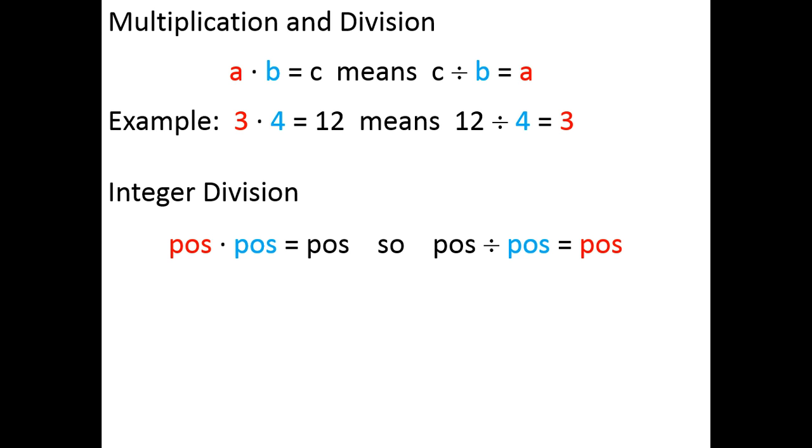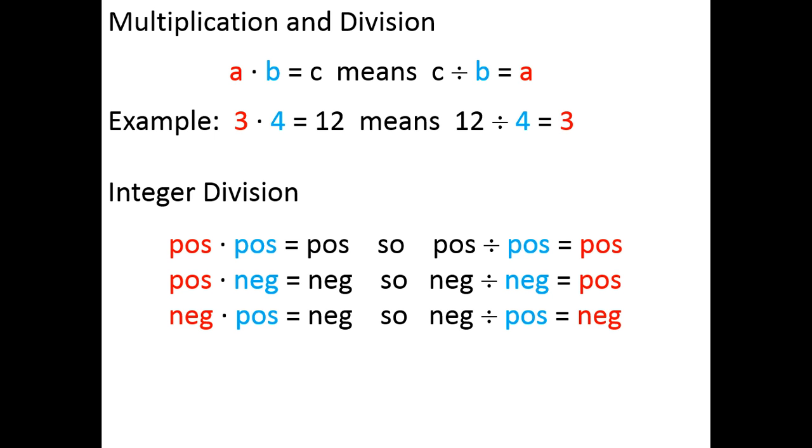We know that a positive number times a positive number will always give us another positive number. So that means that a positive divided by a positive is always going to be positive. We know that a positive times a negative will give us a negative result. So that means a negative divided by a negative would give us a positive result.